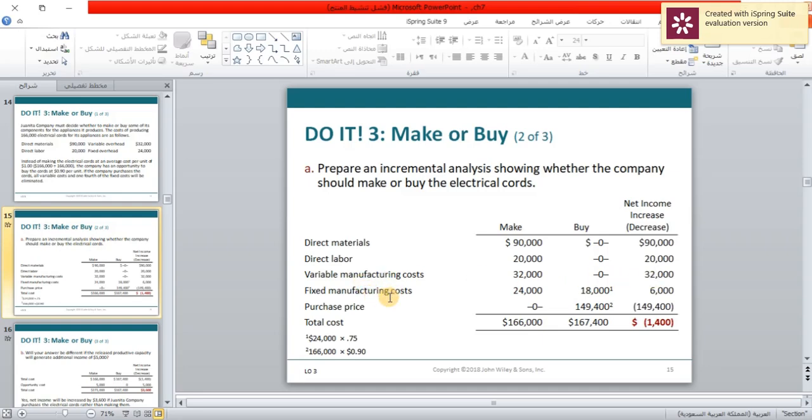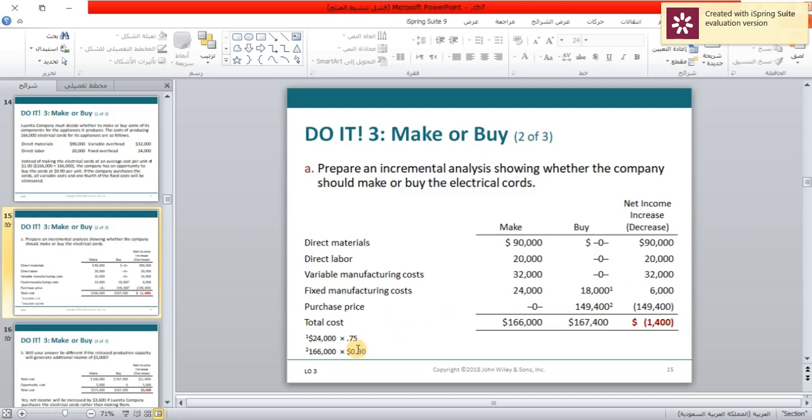Fixed manufacturing cost, in make 24,000. In buy we can eliminate only 1/4, so the remaining fixed cost will be 75%. 75% of 24,000 is 18,000. So we reduce the fixed manufacturing cost by only 6,000, positive.